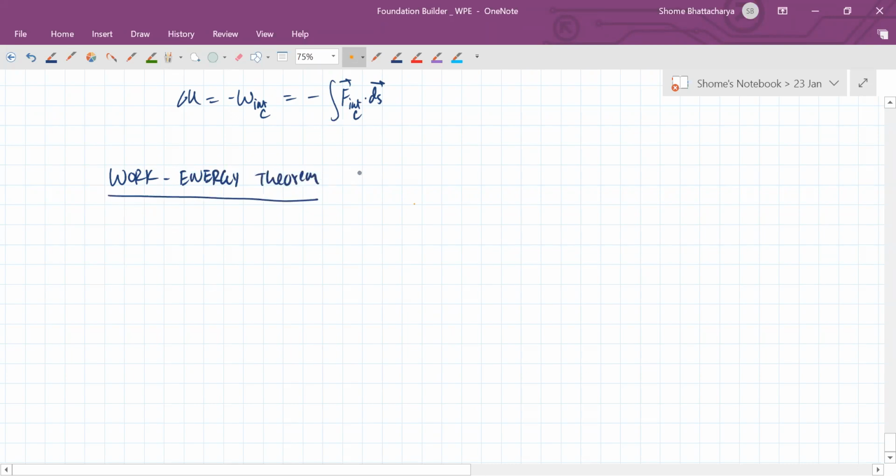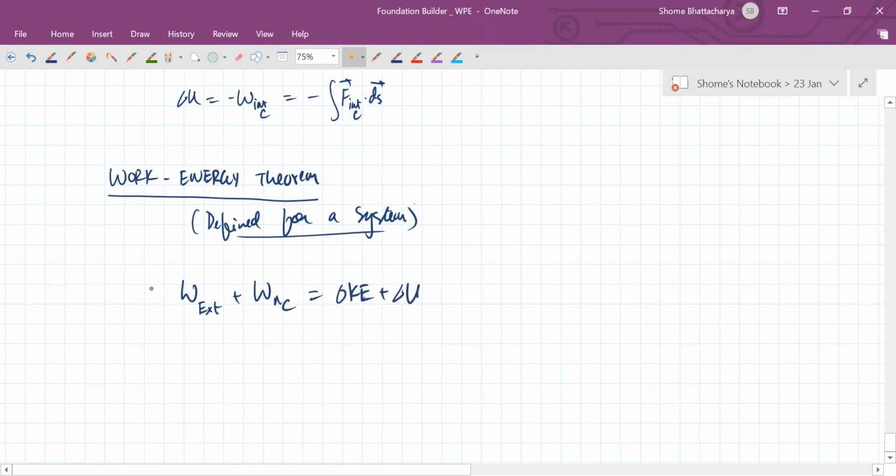This is defined for a system. The work done by the external forces plus the work done by any non-conservative forces equals the sum of the change in kinetic energy plus the change in potential energy.